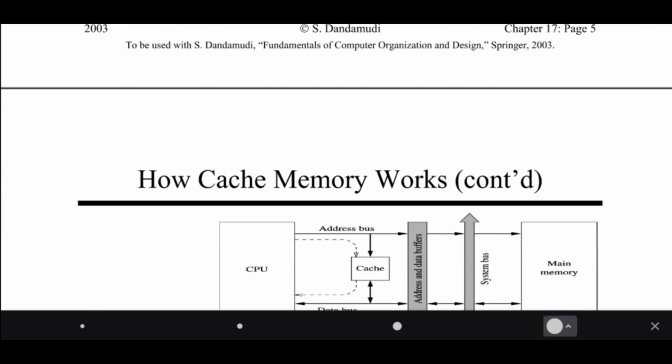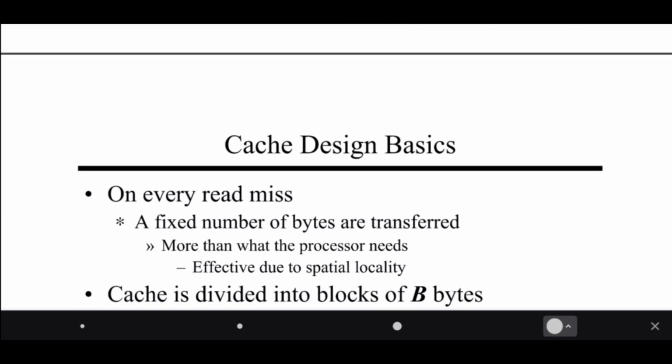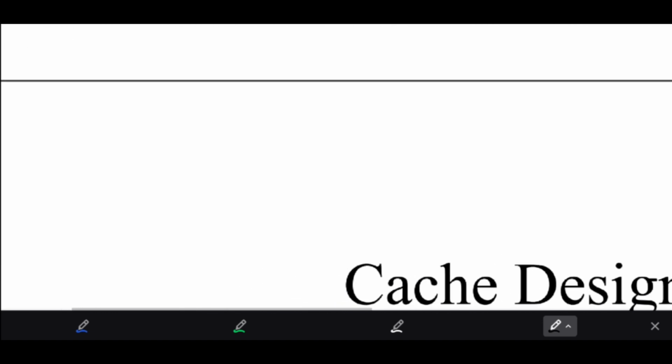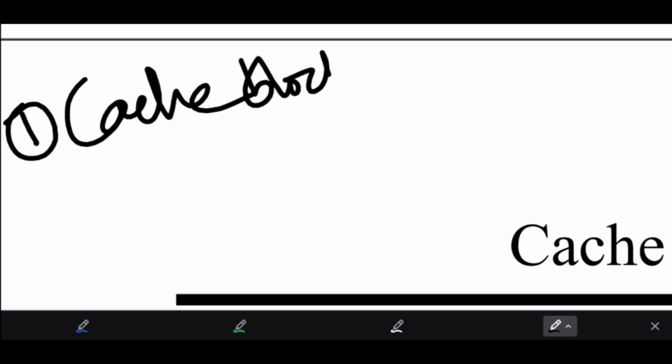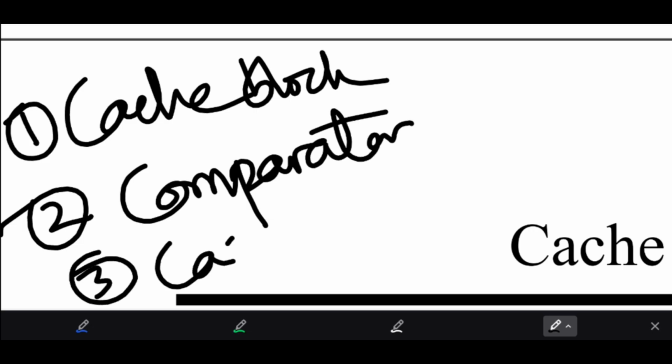Then we move towards our components in cache memory. Be careful and be attentive, because this is the main chapter, the cache components. There are mainly three cache components. One is the cache block, then another one is the comparator, and another one is the cache controller.